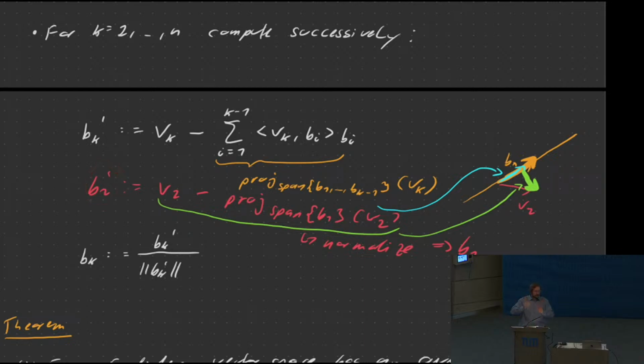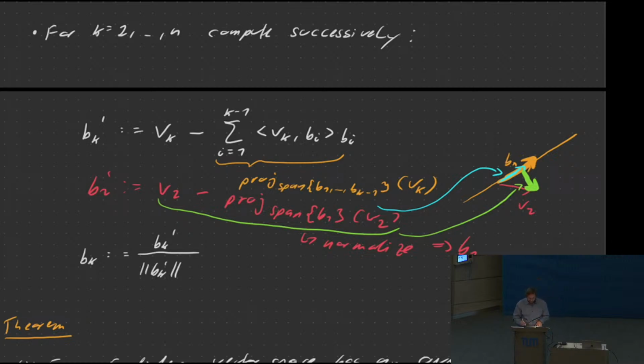Now we have two orthogonal vectors. They span the same space that V1 and V2 have spanned, but now they are orthogonal. And of course, we need to normalize that afterwards. And then we go on in the same way. So in the next step, we take our V3, and we compute, again, a decomposition of V3 into one part that is in the plane spanned by B1 and B2, and one part orthogonal to that.